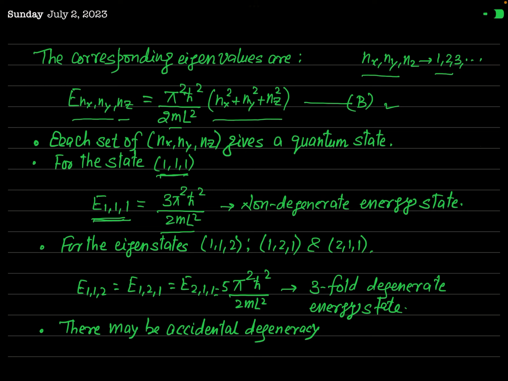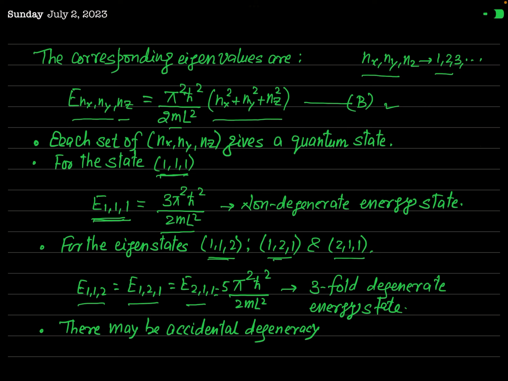But now let us consider three eigenstates defined by the quantum numbers 112, 121 and 211. All these three sets of quantum numbers represent three different eigenstates, or three different eigenfunctions, or three different quantum states. But when you find the energy eigenvalue for any of these sets of quantum numbers, it will be the same, 5 pi square h bar square over 2 ml square.